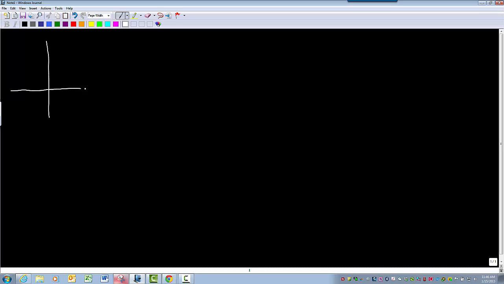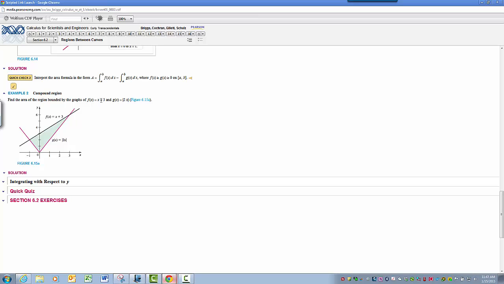We'll get a sketch of it again. We have the absolute value of 2x, which I'll do here in green. And then we've got, what was the other one? Let me go back and check to see. x plus 3. Okay.